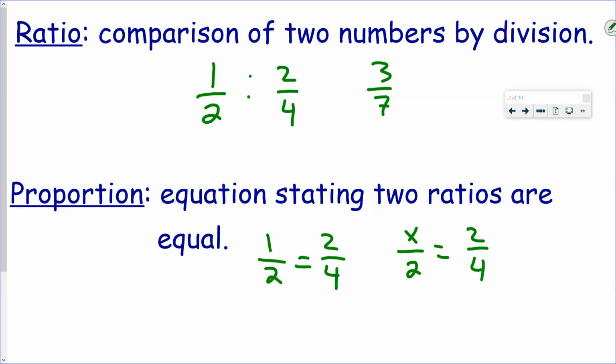This is a simple one. You know that 2 times 2 gives you 4. So what times 2 gives you 2? Well, then x equals 1. So that's what we're going to be looking at, is we're going to be taking these proportions and ratios and learning how to figure out what part of it is.